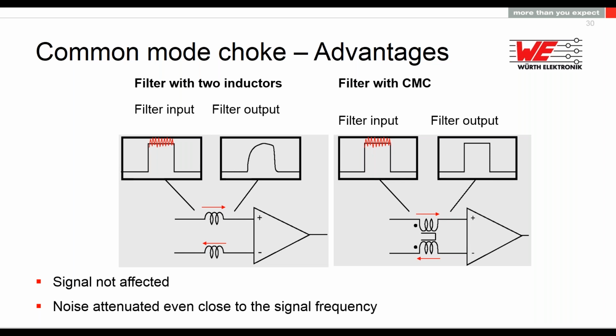If you have a signal at 10 megahertz, and on the EMC test you can already see noise at 11 megahertz, and if you're lucky and the 11 megahertz is not a differential noise as well, then you can use a common mode choke.